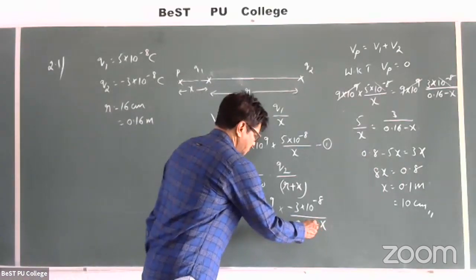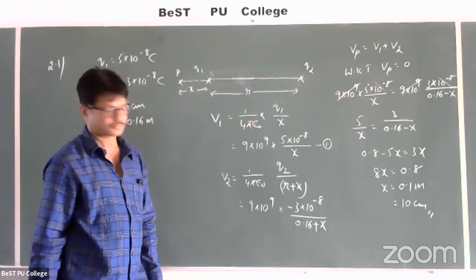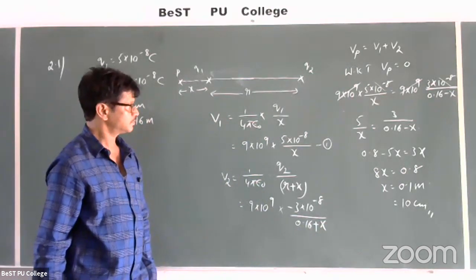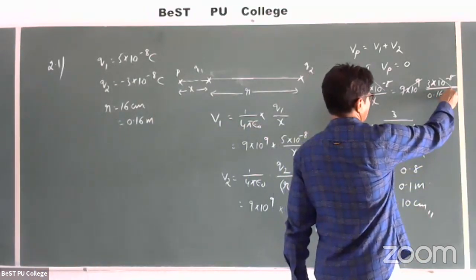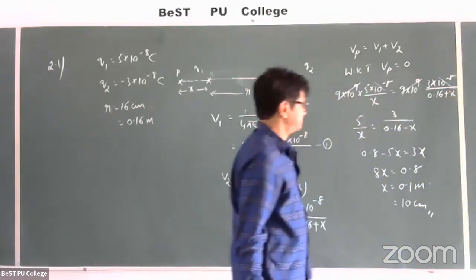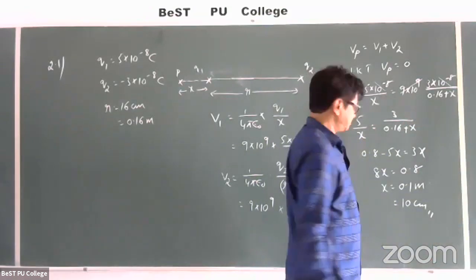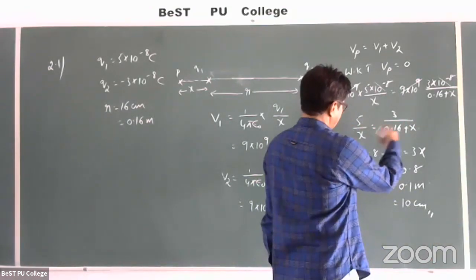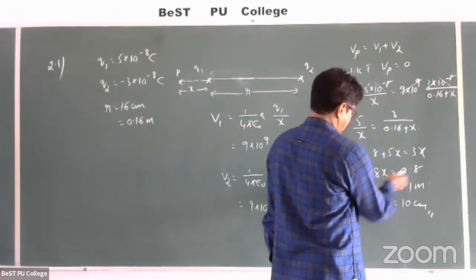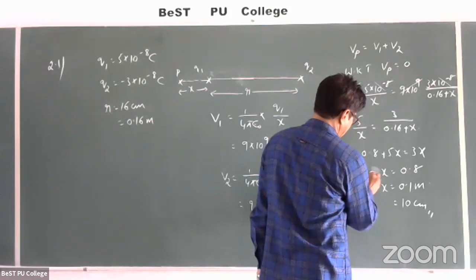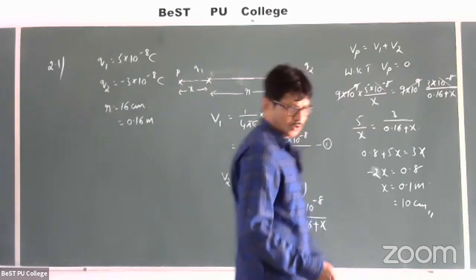Here is also r plus x. Here is also 0.16 plus x. 0.8 plus 5x. 0.8 minus 2x.